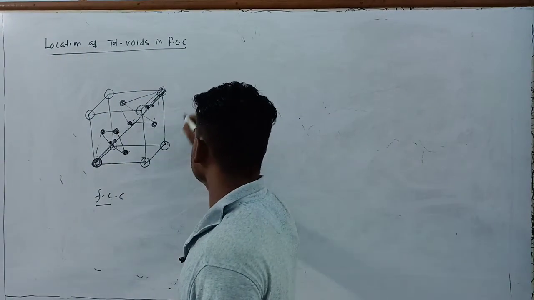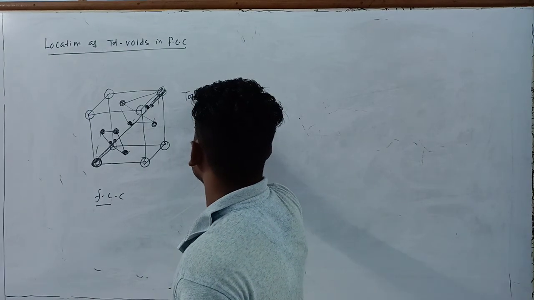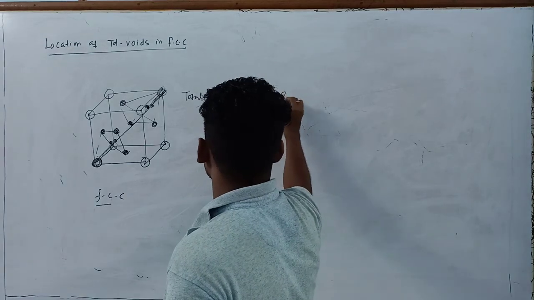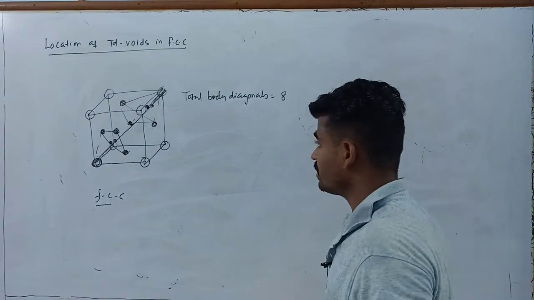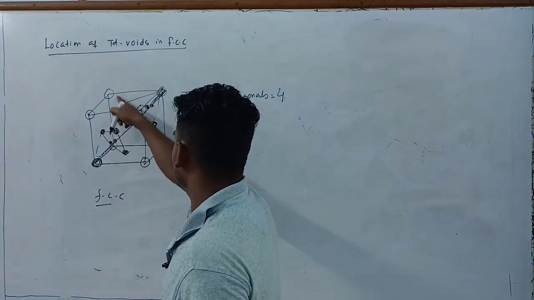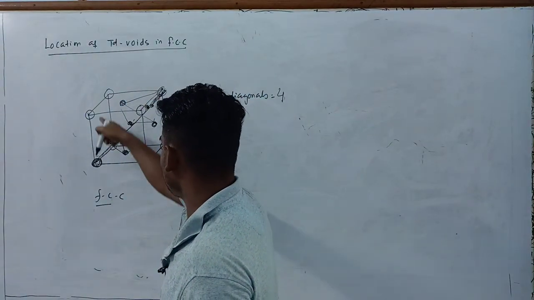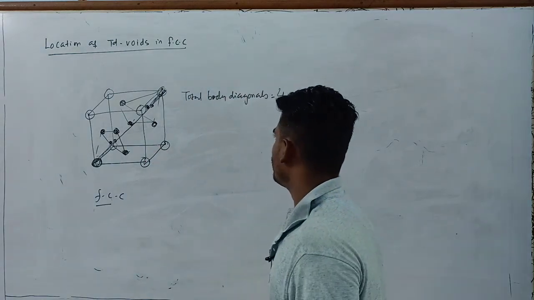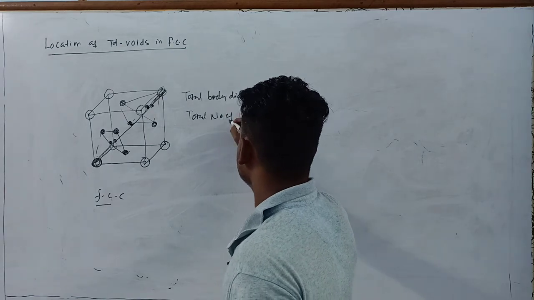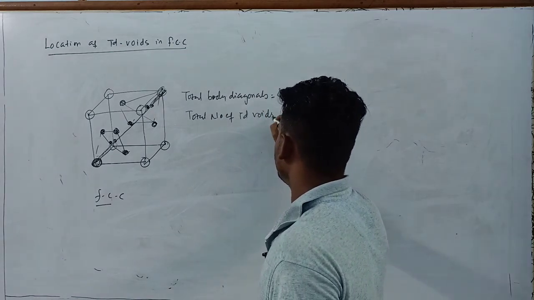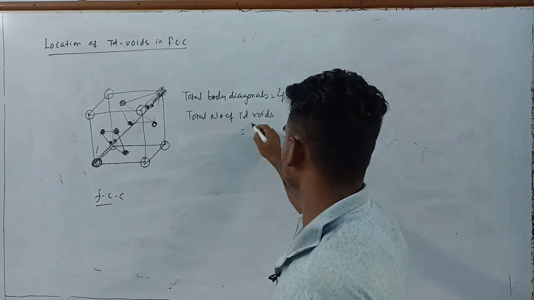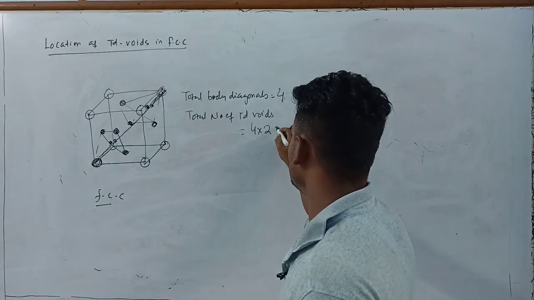So total body diagonals, that is 4. 1, 2, 3, 4. So the total number of tetrahedral voids, each body diagonal having 2 tetrahedral voids, will be 2 into 4, that is 8.